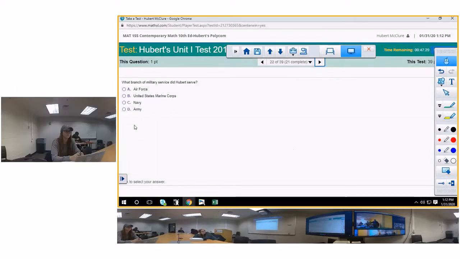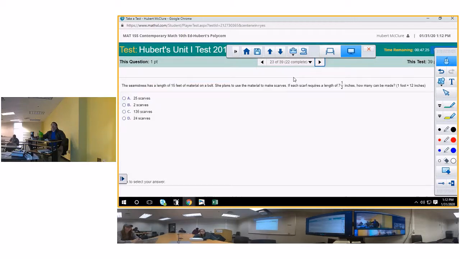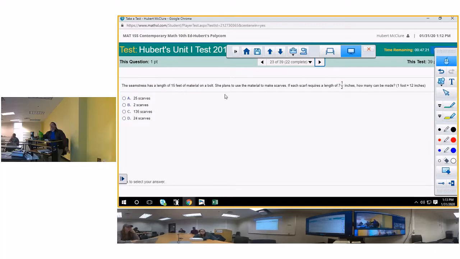Oh, the only one with United States in front of it. The seamstress has 15 feet of material on a bolt. She plans to cut the material to make scarves. If each scarf is 7 1/2 inches, then you're going to divide. You have to change 15 feet to what? Inches, or change 7 1/2 inches to what? Feet. Okay, we'll finish this test.